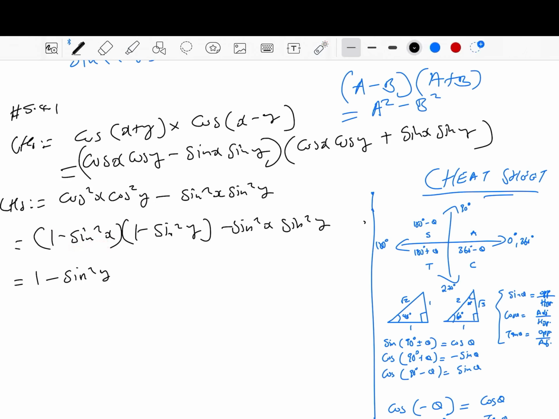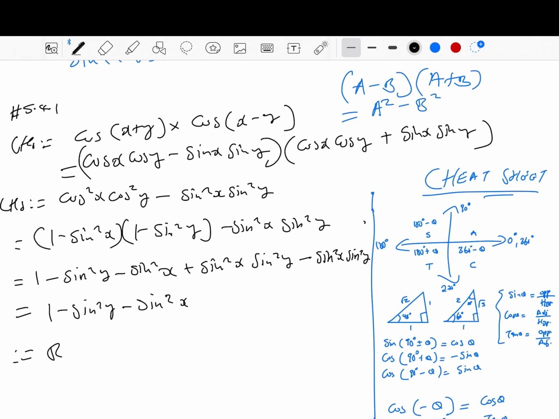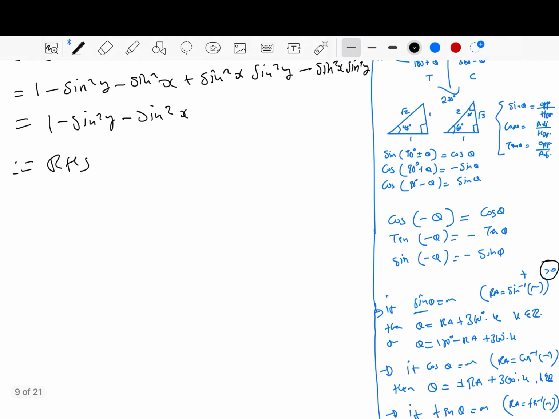Negative sine squared x times negative sine squared y is positive sine squared x sine squared y. And this is minus sine squared x. That's good news. Now we see the answer, because this and this is a 0. So we're left with 1 minus sine squared y minus sine squared x. And this is equal to the right hand side, ladies and gentlemen.